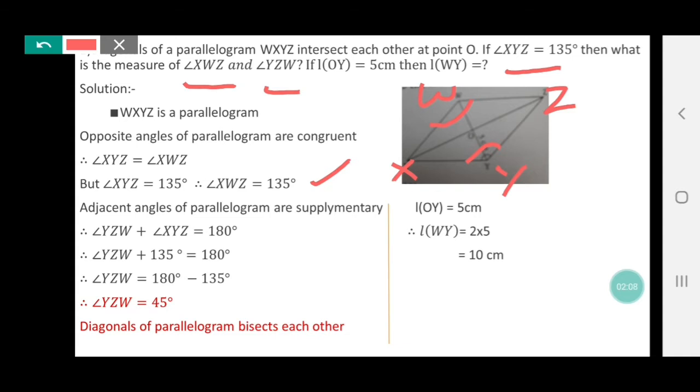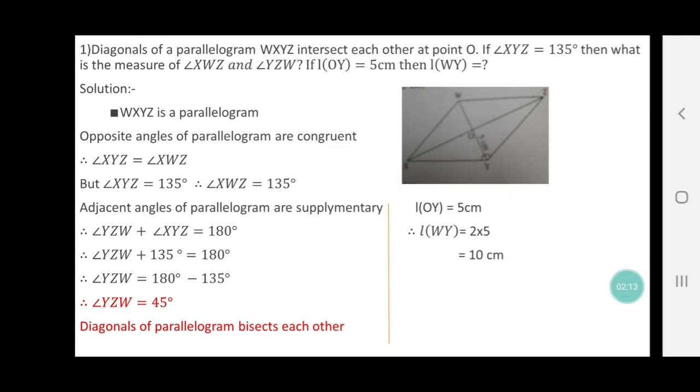Now we will move on to the second part. I'll again write the names as it has vanished. Z, W. Now we have to find YZW. We all are aware that adjacent angles of a parallelogram are supplementary. So the given angle XYZ plus angle YZW, these are adjacent angles.